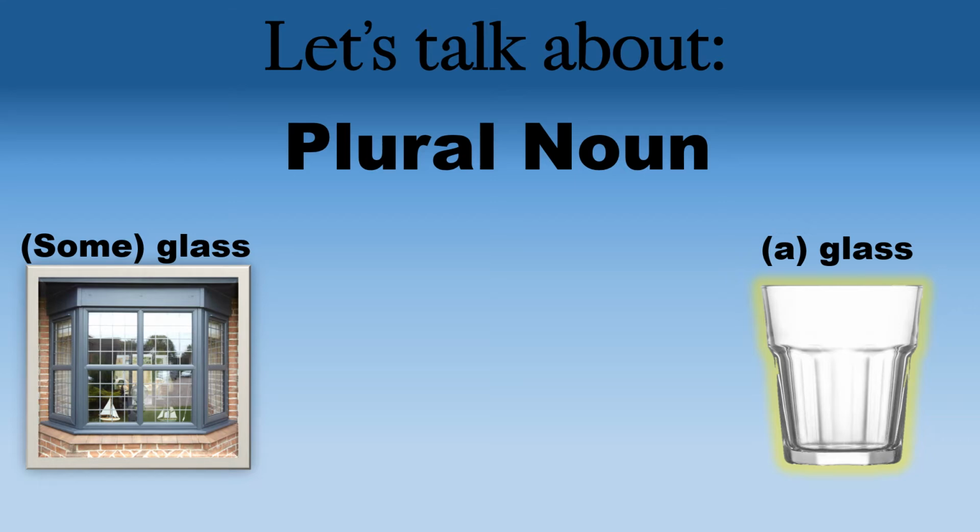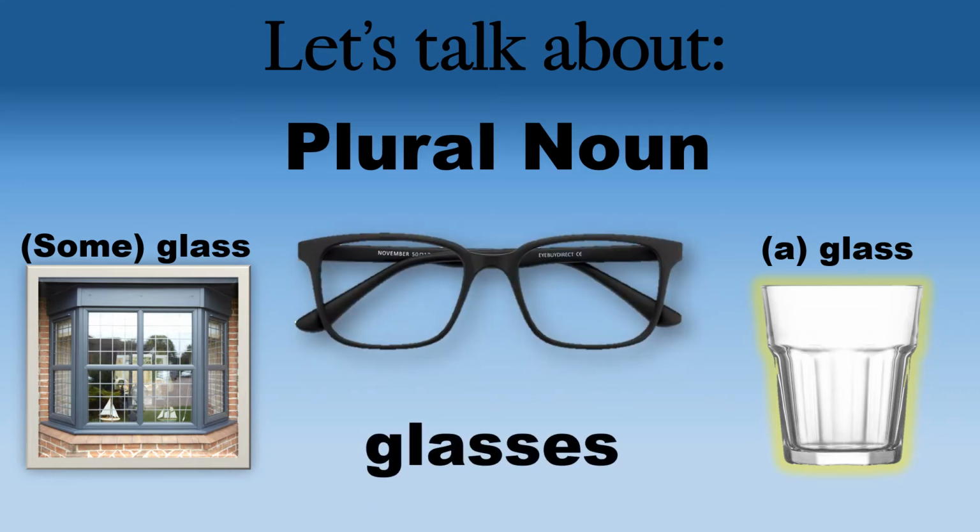Now, what about unit number 6? What are we looking at in unit number 6? Glasses. Why do we say glasses? Why do we have ES? Because there are 2 eyes. There are 2 small windows that we can count. There is 1 window and there are 2 windows on your glasses.